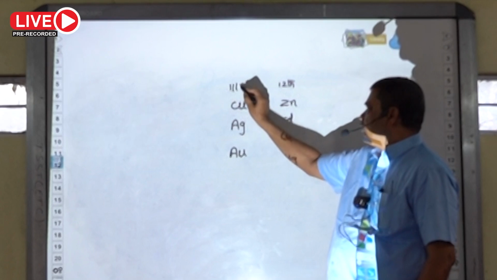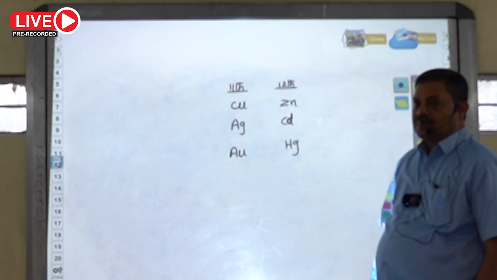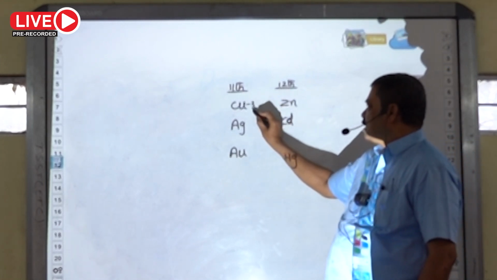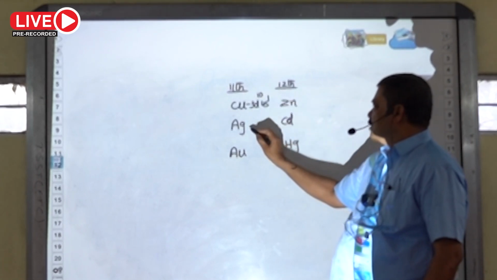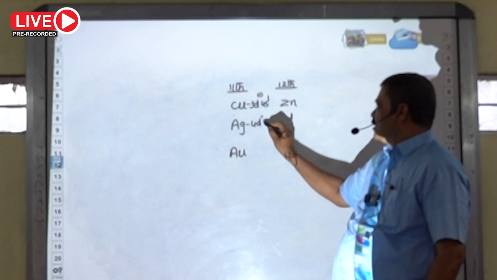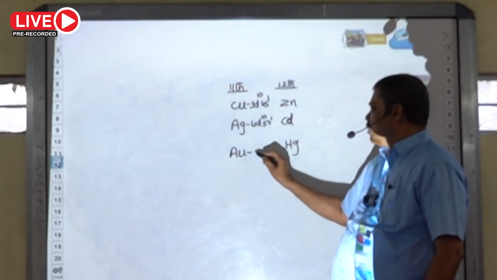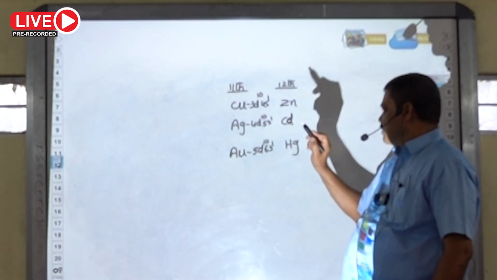This is the 11th group. Here the configurations: 3d10 4s1, silver 4d10 5s1, gold 5d10 6s1.